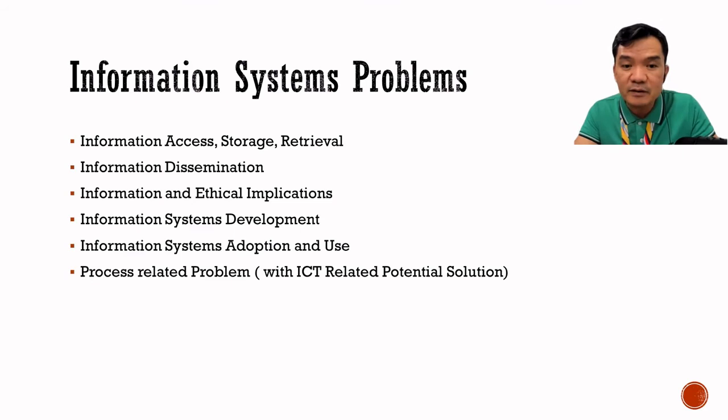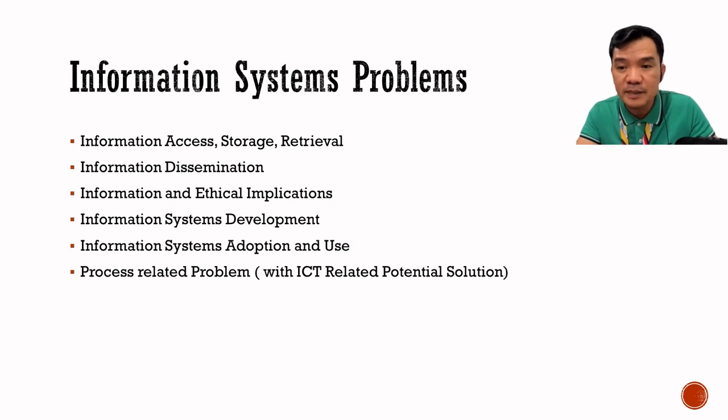That's why they have difficulty of access, which is also related to the storage problem because they might not be organized or in paper form, and related to the retrieval because when you store it in paper form, it takes time for you to retrieve the document. It might also be lost somewhere else, and accessing it is a problem. So you might present your thesis in terms of this area.